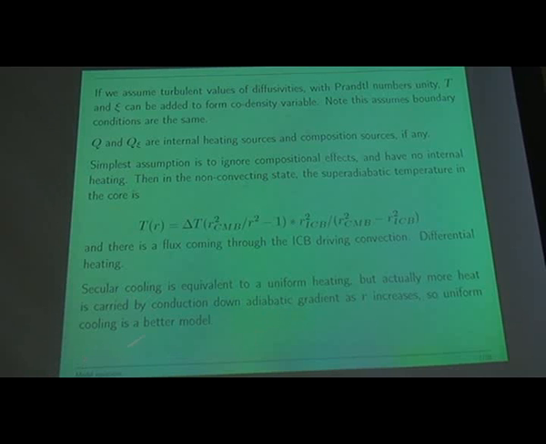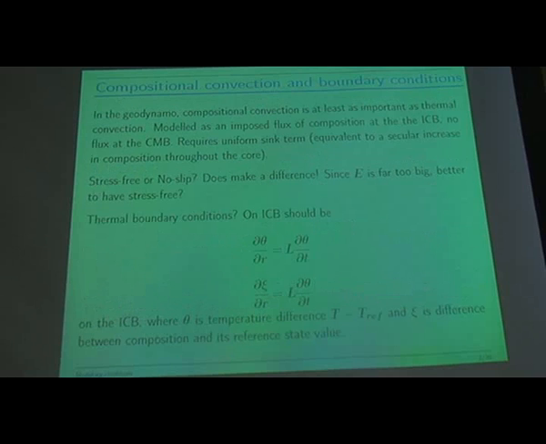So actually a better model would be to have cooling rather than heating, because heat is being transferred from the convective process into the conductive process as you go up towards the core. So in effect, there's less and less convective heat flux as you go up, because more and more is taken out by adiabatic conduction down the adiabat.